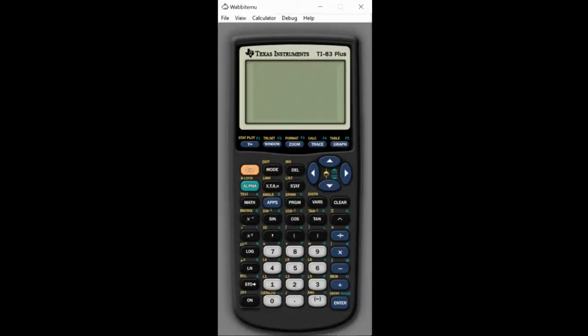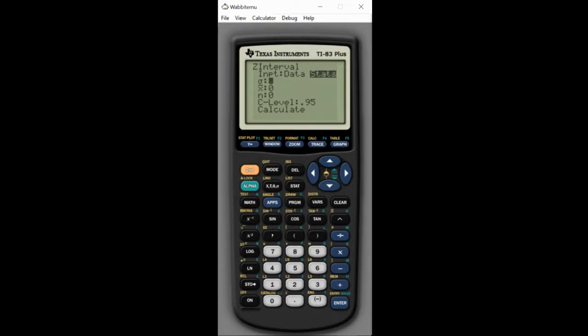First I'm going to go to Stat, and I'm going to go over to Tests, and we are doing a confidence interval with Z's. So we're going to go to Z interval right here, number 7. I'm going to hit Enter, and we don't want Data. We want Stats. So I'm going to go over to Stats, enter.